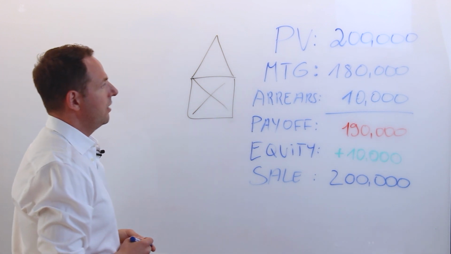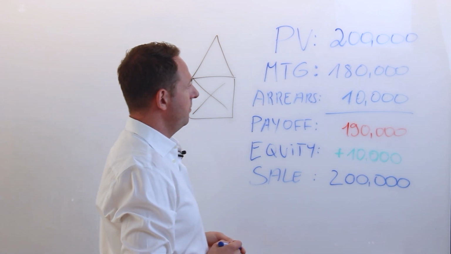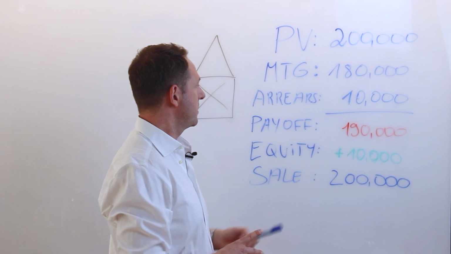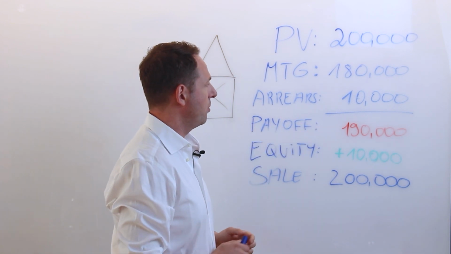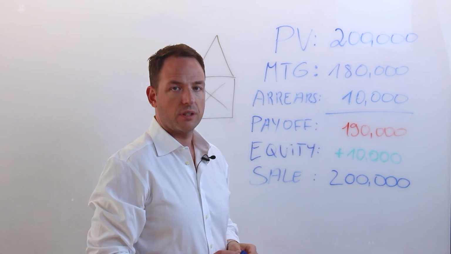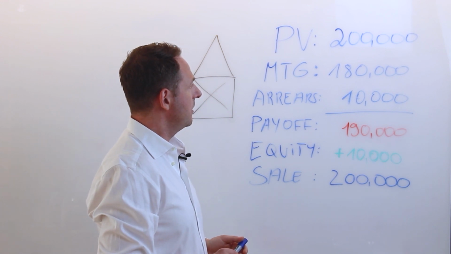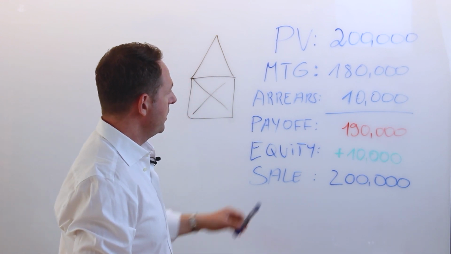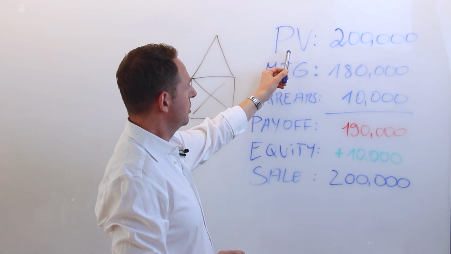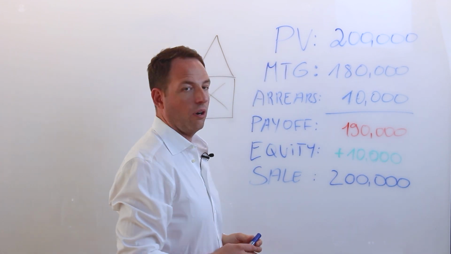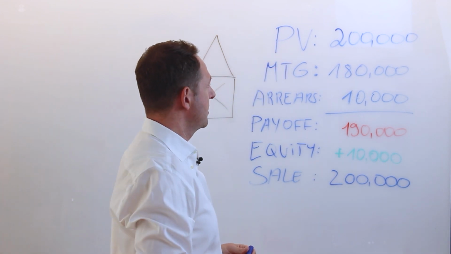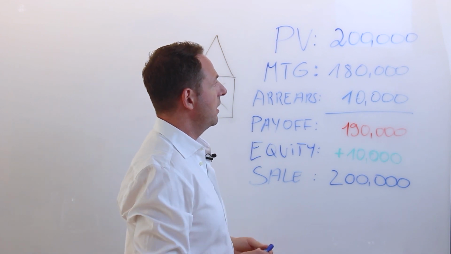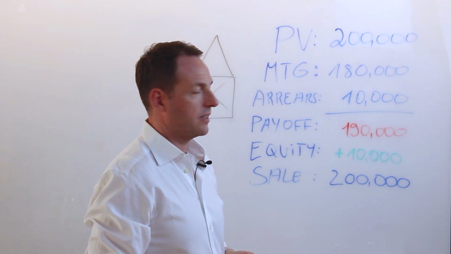So let's assume now that this homeowner is in distress, as we see. They haven't paid their mortgage for a while, and maybe foreclosure is looming. But let's say that in this example, the owner has enough time to actually put this home on the market to sell it before an actual foreclosure takes place.